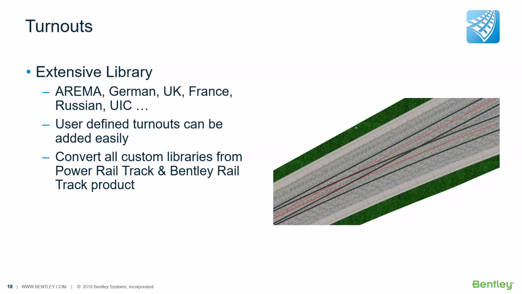So for that, again, you have that ability. You take that 1 in 8.5 and you can create or manipulate that to work on your own user defined turnouts. Finally, if you have an existing library from Power Rail Track or Bentley Rail Track product, you can just bring that in over here as well.